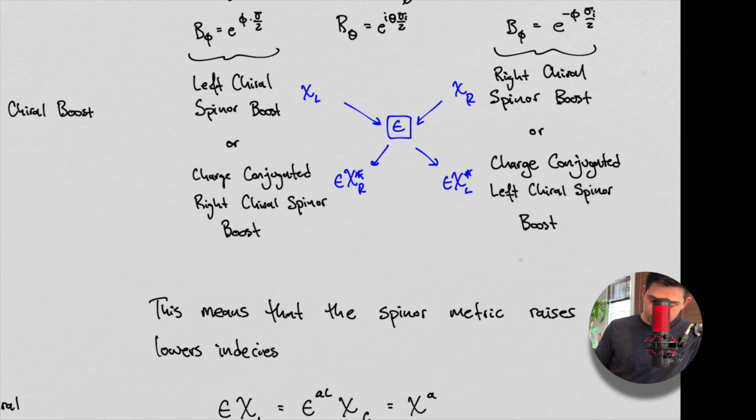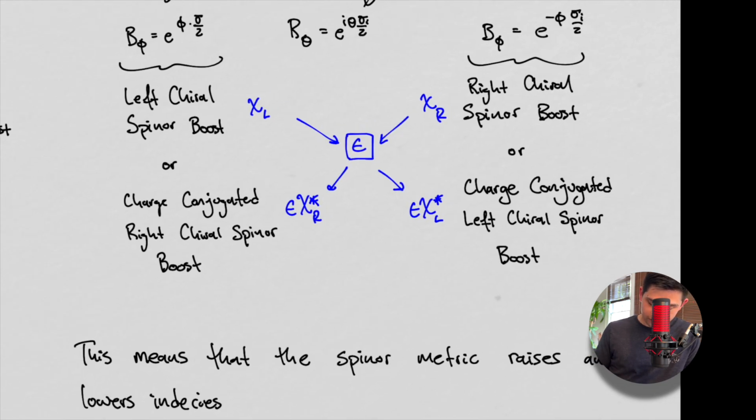Okay, so this is a little bit weird. What I have here is that if it boosts as a right chiral spinor, then you can think of it as maybe a right chiral spinor. That's why I put it in this column. Likewise, this guy here, a charge conjugated right chiral spinor, well, you can do the math there and you find out that it boosts as a left chiral spinor.